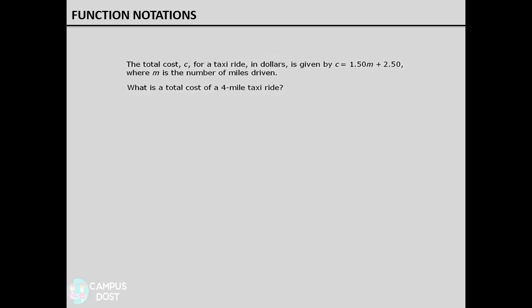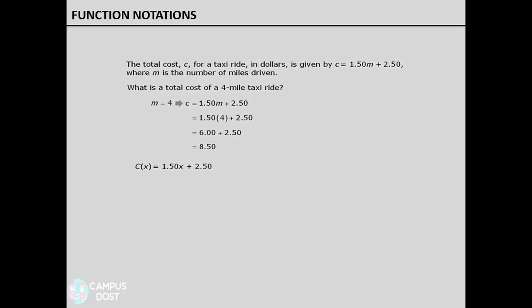So if we want to find the cost of a 4-mile trip, we must recognize that m equals 4, and we want to find the value of C when m equals 4. To determine this cost, we'll replace m with 4 to get the following. When we simplify this, we get 8.5. So the total cost of a 4-mile trip is $8.50.